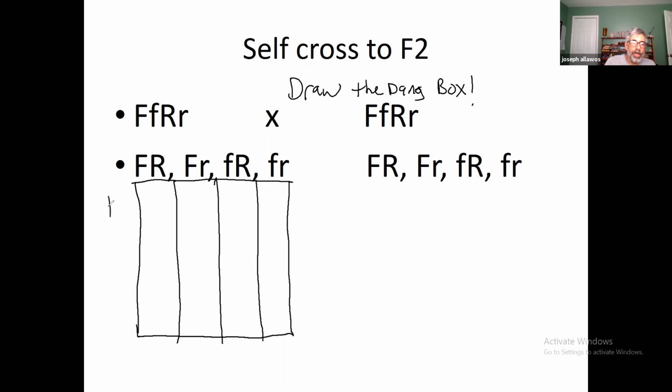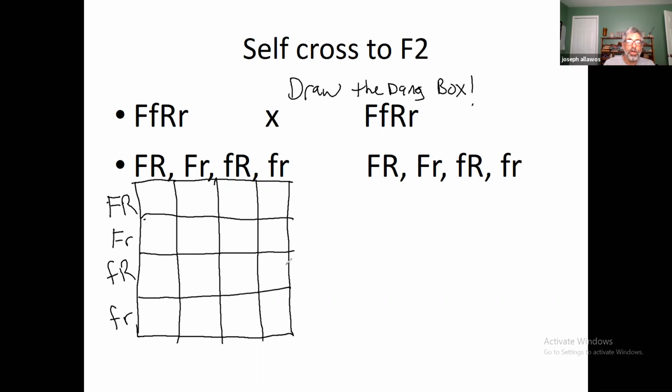Do yourself a favor, do them in the same order if they're the same, just for bookkeeping purposes. Okay, now I've got to try to make these horizontal lines. It's not the easiest thing in the world to do on this screen, but look at that. Okay, we've got 16 boxes to fill in now.